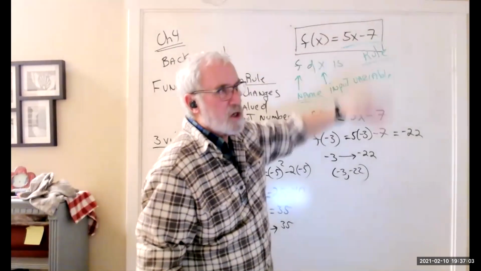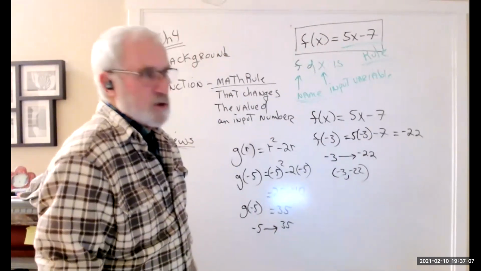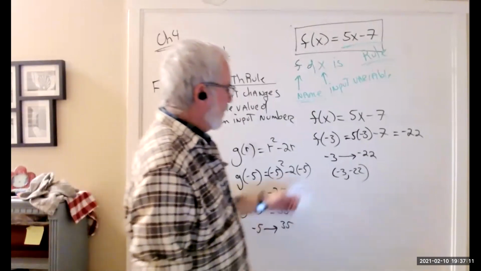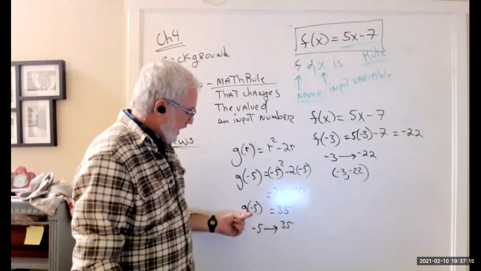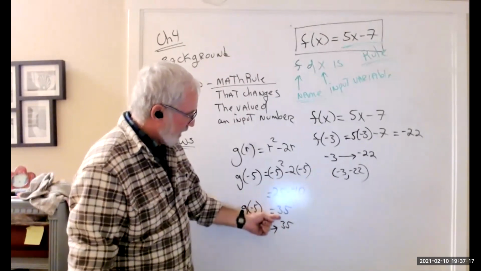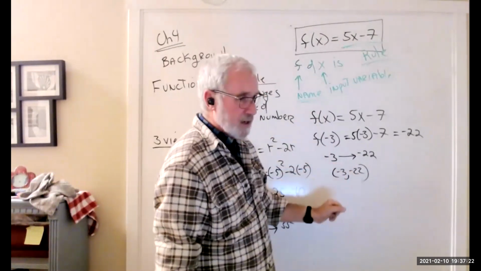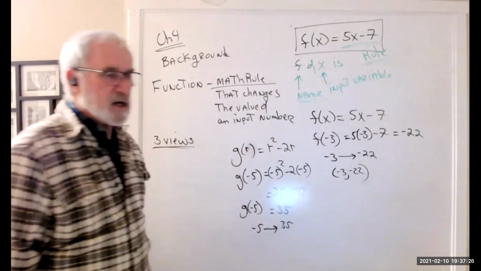And essentially, you end up plugging numbers into that formula. That's all you're doing. And what we say here with our ordered pair or with our diagram is -5 got turned into 35. -3 on the f function got turned into -22. That's the simplest idea of a function.